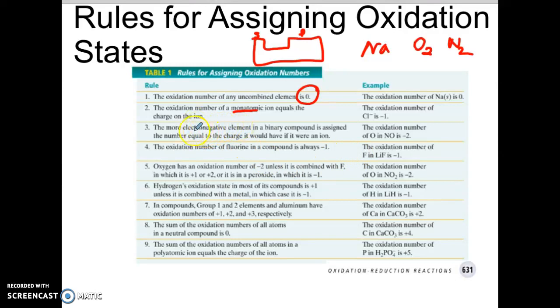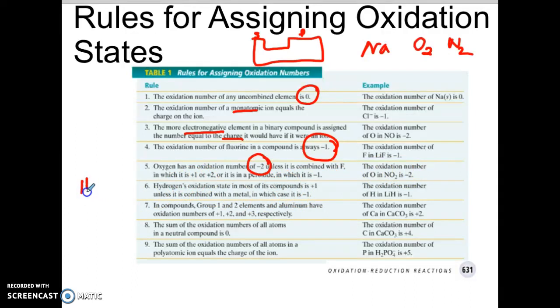If you have two elements and are trying to figure out the oxidation numbers, the more electronegative element is assigned the number equal to its charge. That's a very good one to memorize. Fluorine is always -1. Oxygen in this class is always -2. We very rarely work with peroxides, so we're going to ignore that.